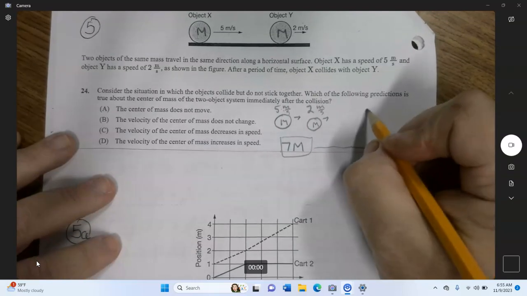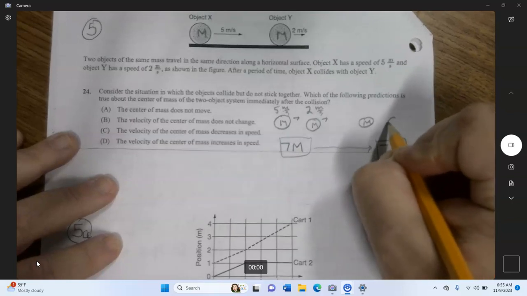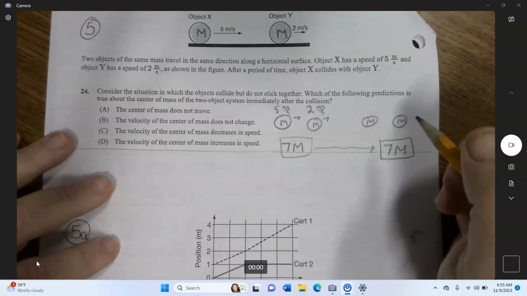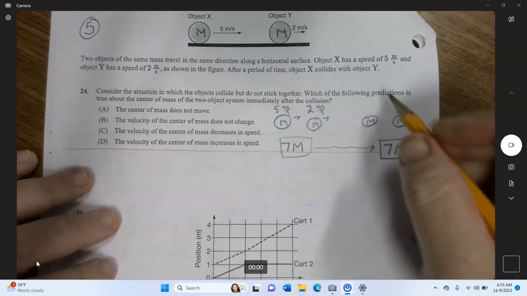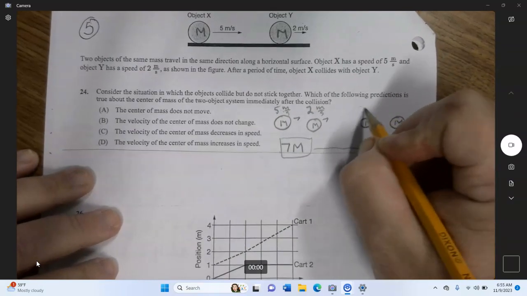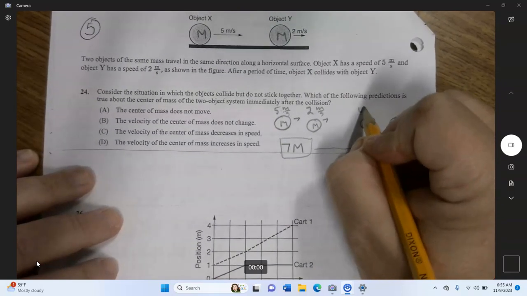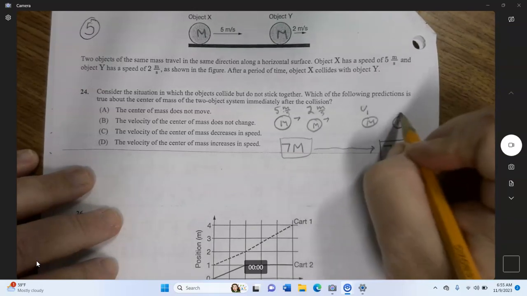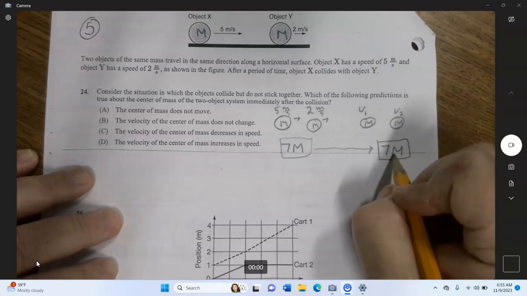All right, so again, you're going to have m and m. And that's simply going to be some velocity of this. So that means that the velocity of this one can change, but the velocities, we'll call them v1 and v2, have to still equal 7m.